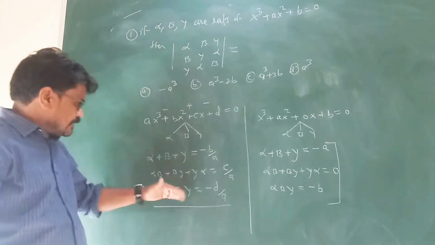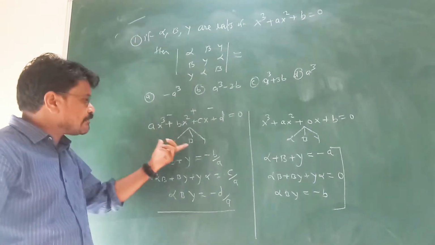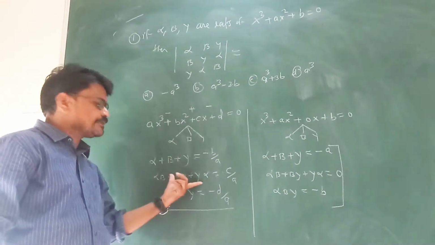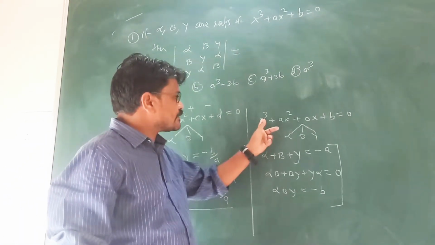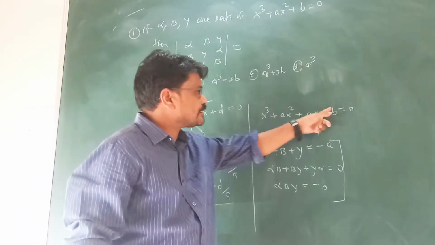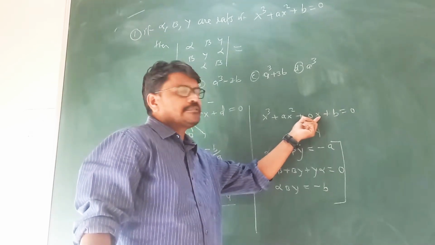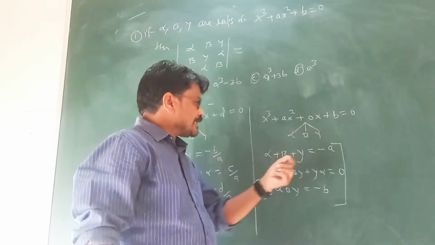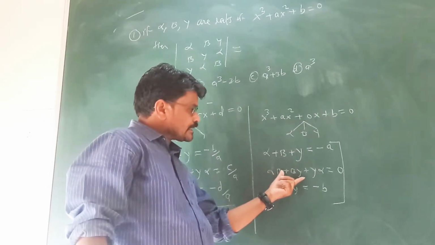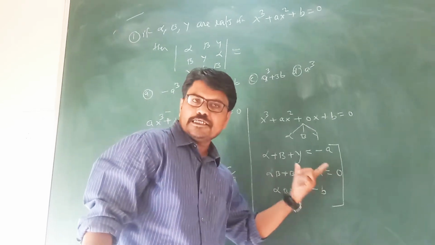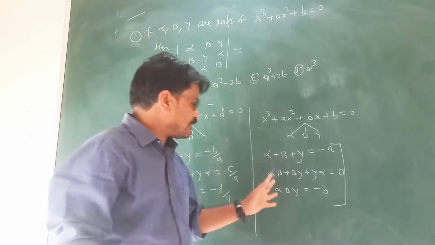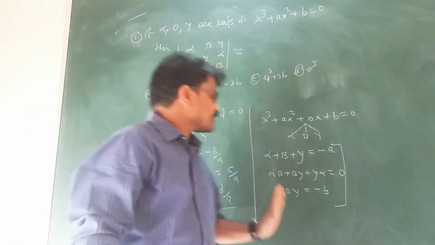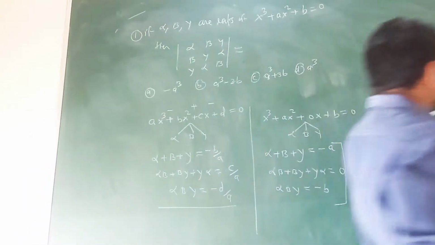So this is all about the cubic equation, sum of roots, product of roots, and this formula. In this particular question, we are given x cube plus ax square plus b equal to 0. That means the coefficient of x is 0, and hence alpha beta plus beta gamma plus gamma alpha equals 0, and alpha plus beta plus gamma equals minus a, alpha beta gamma equals minus b. So now come to the determinant.